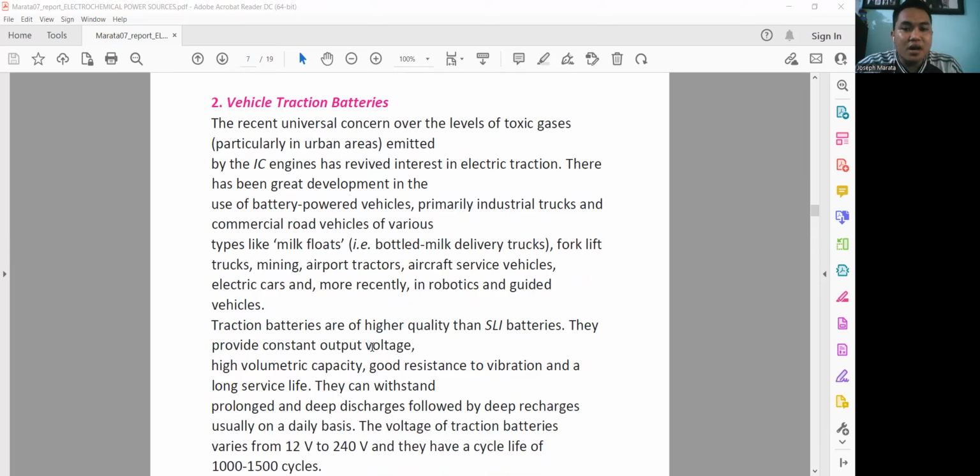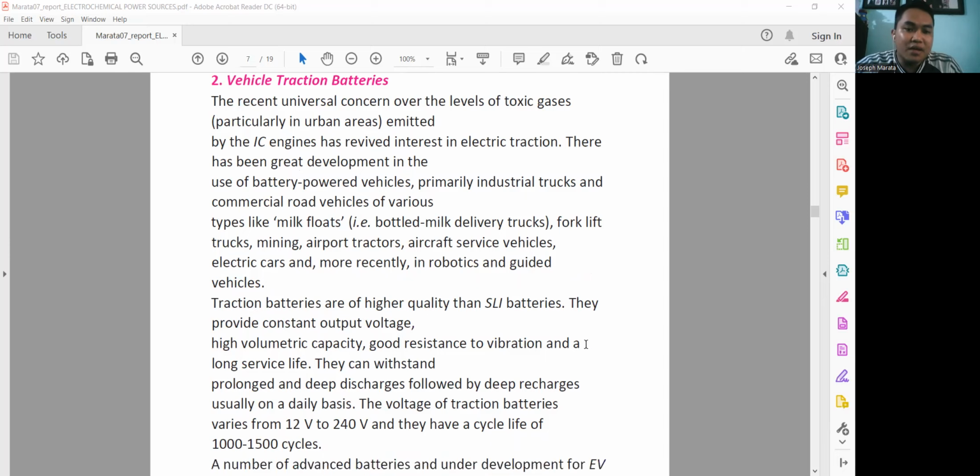Traction batteries are of higher quality than SLI batteries.